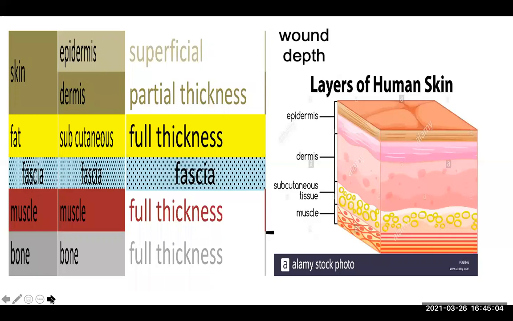To determine what layer of full thickness, you will have to look at the wound bed. Is it in the subcutaneous area? Is it at the muscle area? Remember, the fascia is a membrane that covers muscle groups, groups muscles together and holds them together. So you may see the fascia over a muscle, or you might see the wound go through the muscle all the way down to the bone.